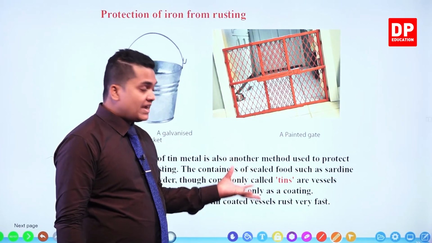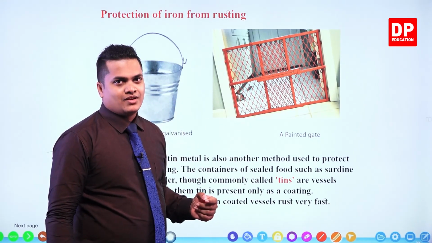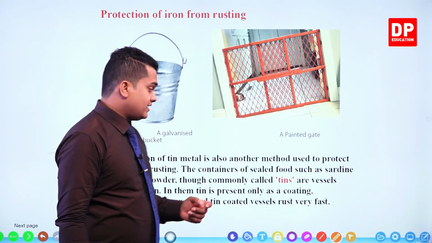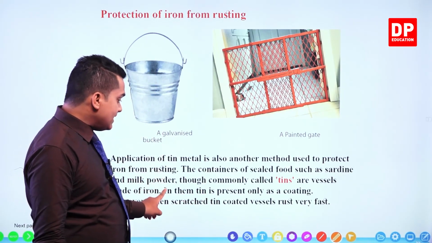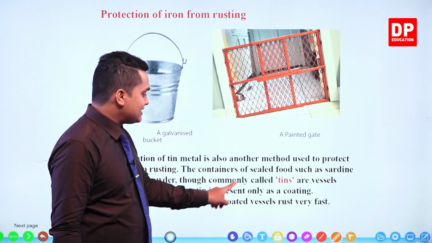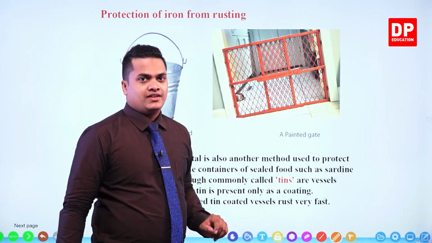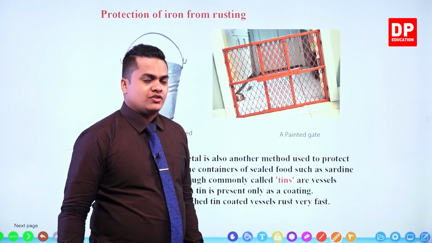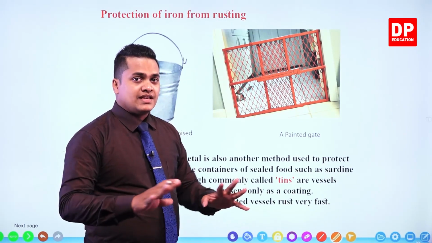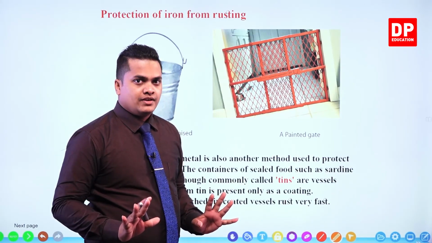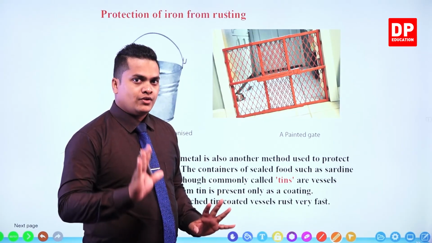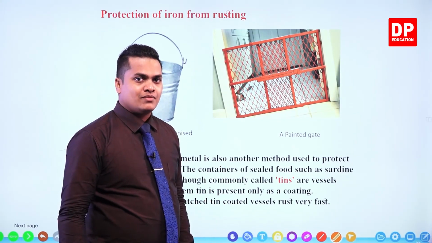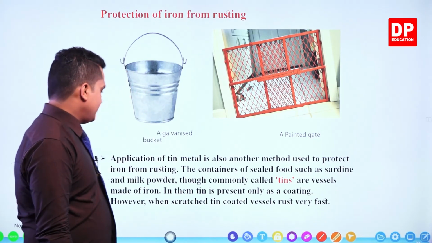Those things are made up of iron, okay? The specialty here is that in them, tin is present only as a coating, my dear children. The metal itself is not tin. It carries a tin coating to protect it from the rusting process, right?